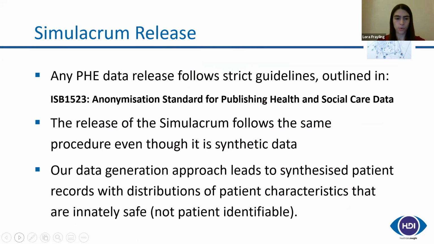Because of this data generation approach that we have, and because we make sure that we do not sample from distributions of small size patient cohorts, it abides by these rules outlined in this standard and is therefore able to be released publicly. Next slide, please.